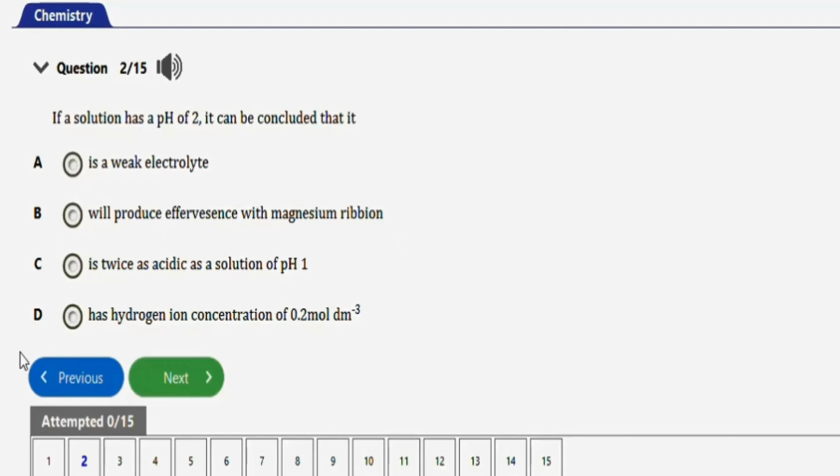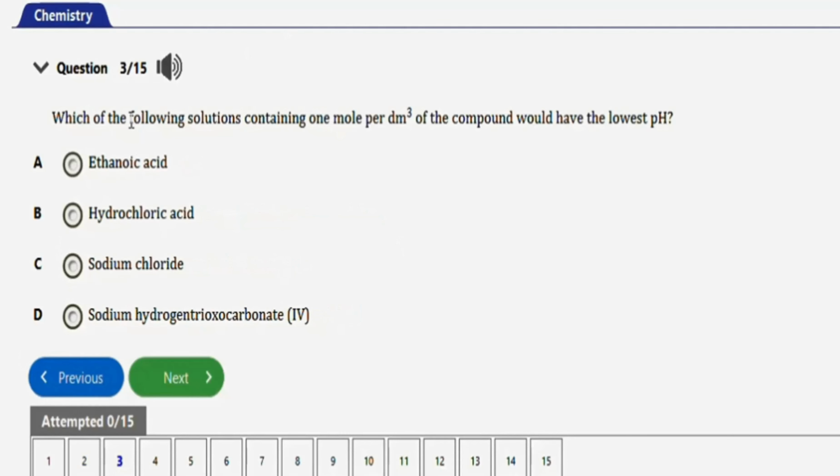Next question will be this one. It says, which of the following solutions containing 1 mole per dm cube of the compound will have the lowest pH? We have ethanoic acid, hydrochloric acid, sodium chloride, and sodium hydrogen trioxocarbonate(IV).